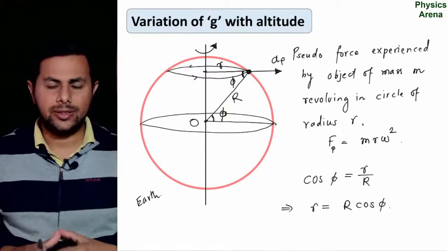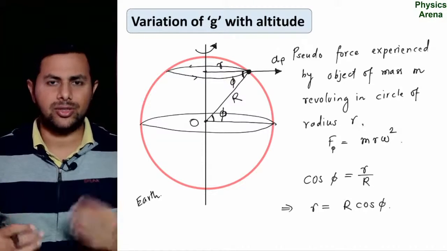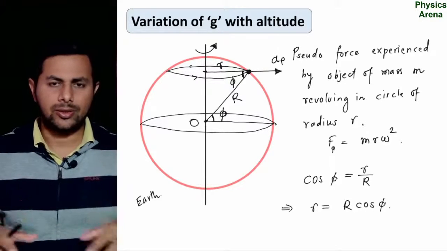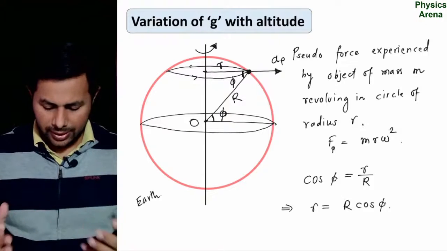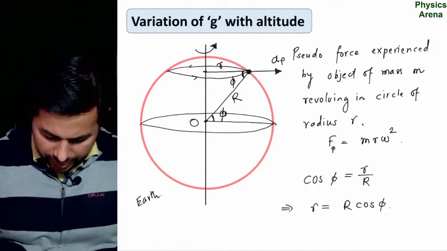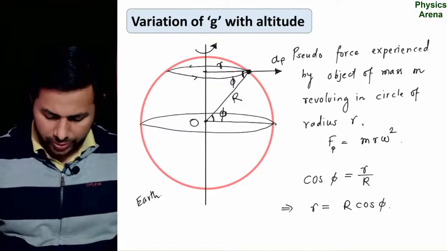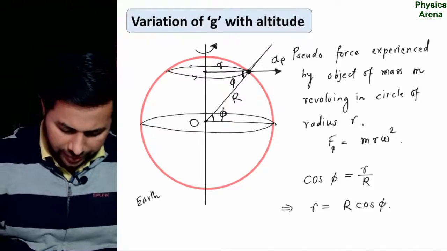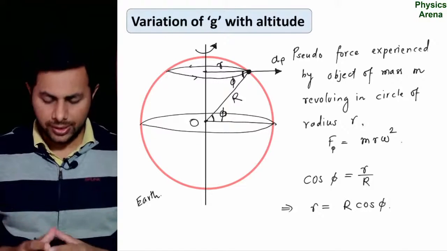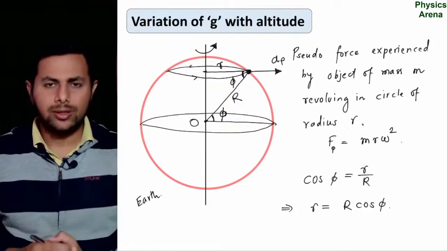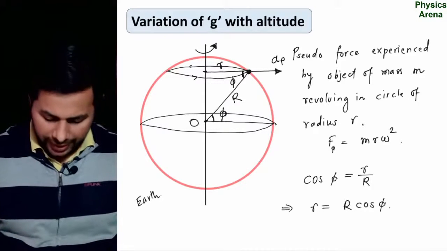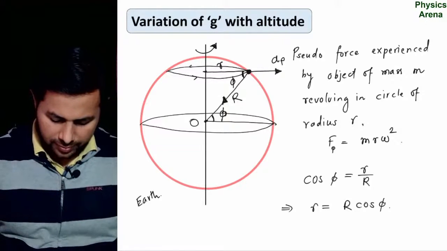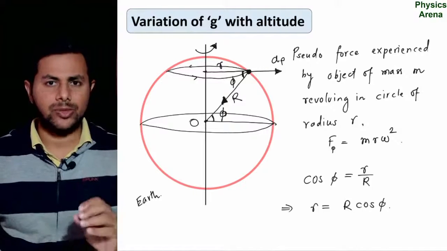After that, let's consider the force due to gravity and the component of the pseudo force acting in the radial direction. We know that acceleration due to gravity acts along this line, and its value will be g.